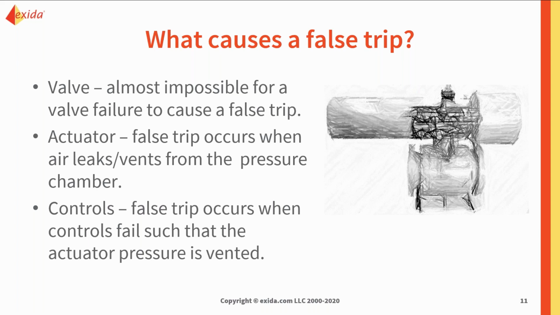Now, let's take off the valve hat and put on the actuator hat. Just looking at the actuator, forget the valve, forget the solenoids, everything else, this is a lot easier to cause a false trip. A false trip can occur when too much air leaks out or pressure is vented or lost.